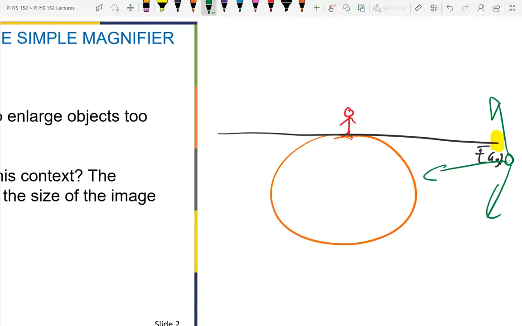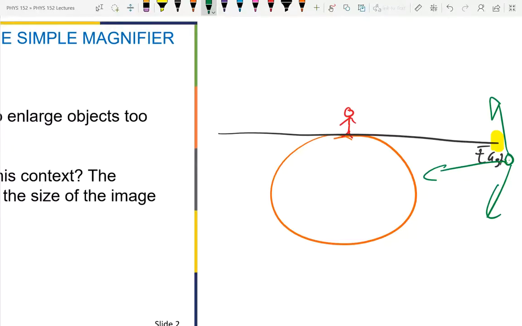And when you have a higher index of refraction or a slower speed, what happens to the direction of the light? It bends which way? Toward normal or away from normal? Toward. If you go into something slower, something with higher index of refraction, it bends toward normal.